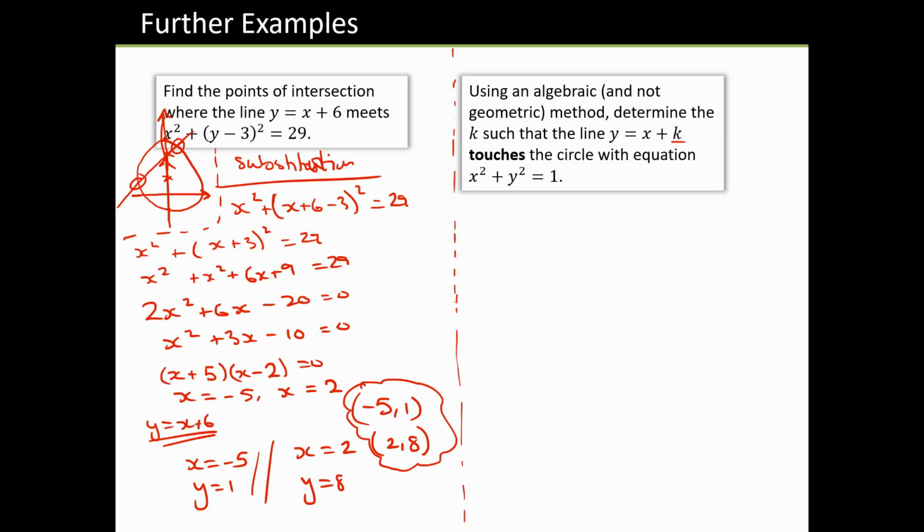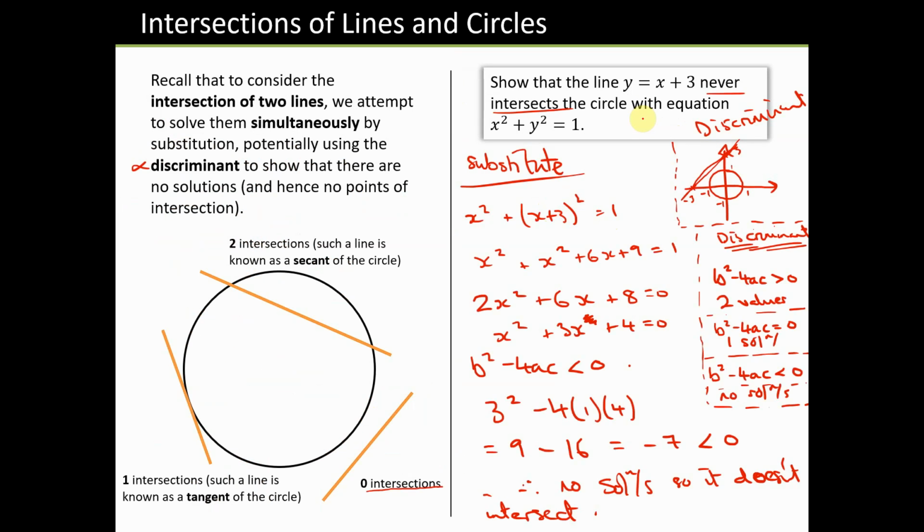Because of that reason, we are going to go back to the discriminant for these ones where we have a third unknown. The reason for that is, if I go back a slide, when we get to this stage here and we do the discriminant, we actually get rid of the values of x. So then we lose an unknown.